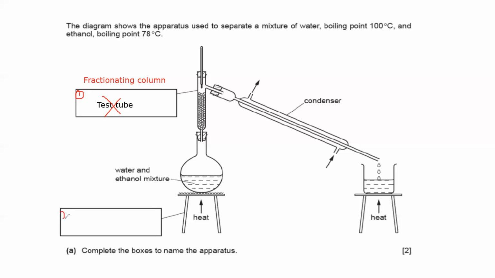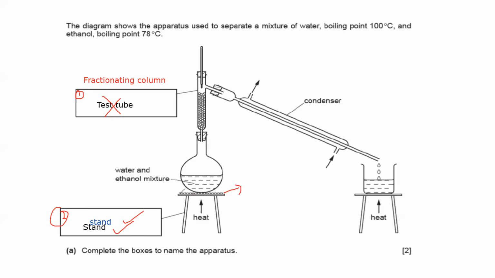What about box 2? That's a stand or tripod stand. Better write tripod stand. Stand is the right answer, but for the full name it should be a tripod stand. And what is this apparatus called? Crosses are there.